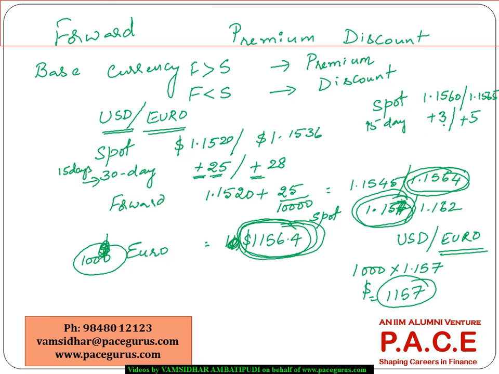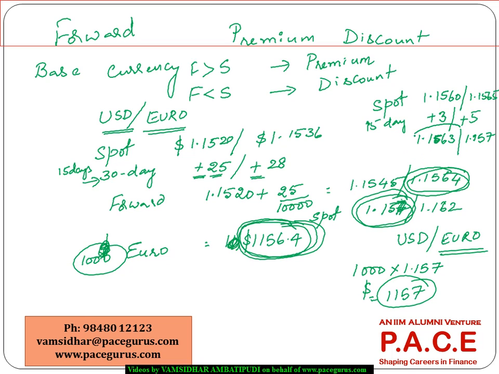So the 15-day forward prices are 1.1563 and 1.157.